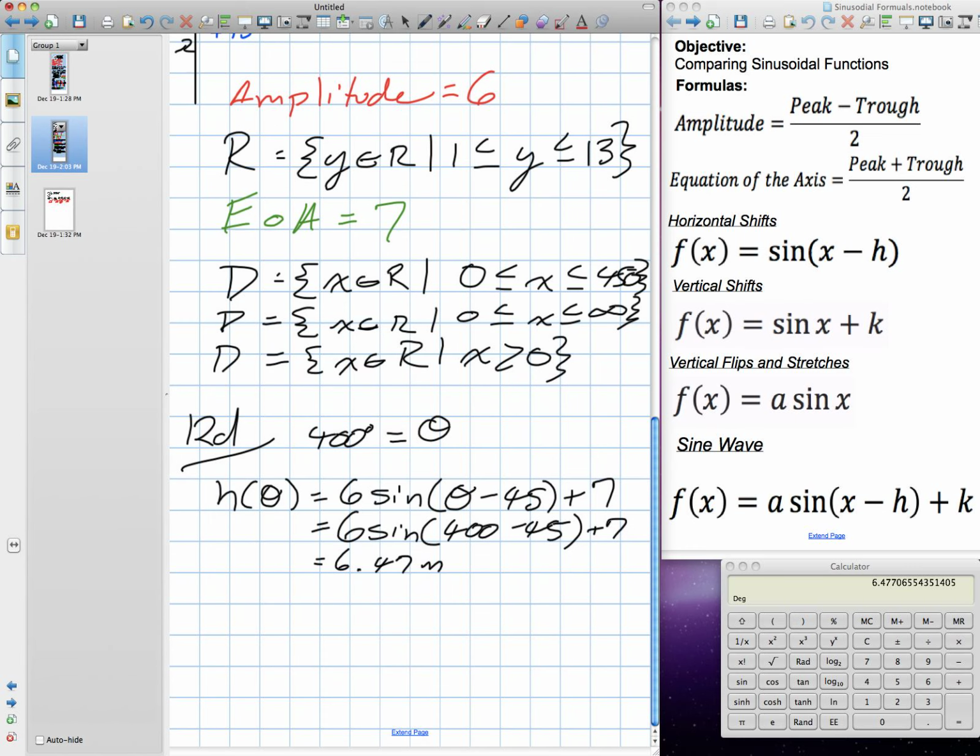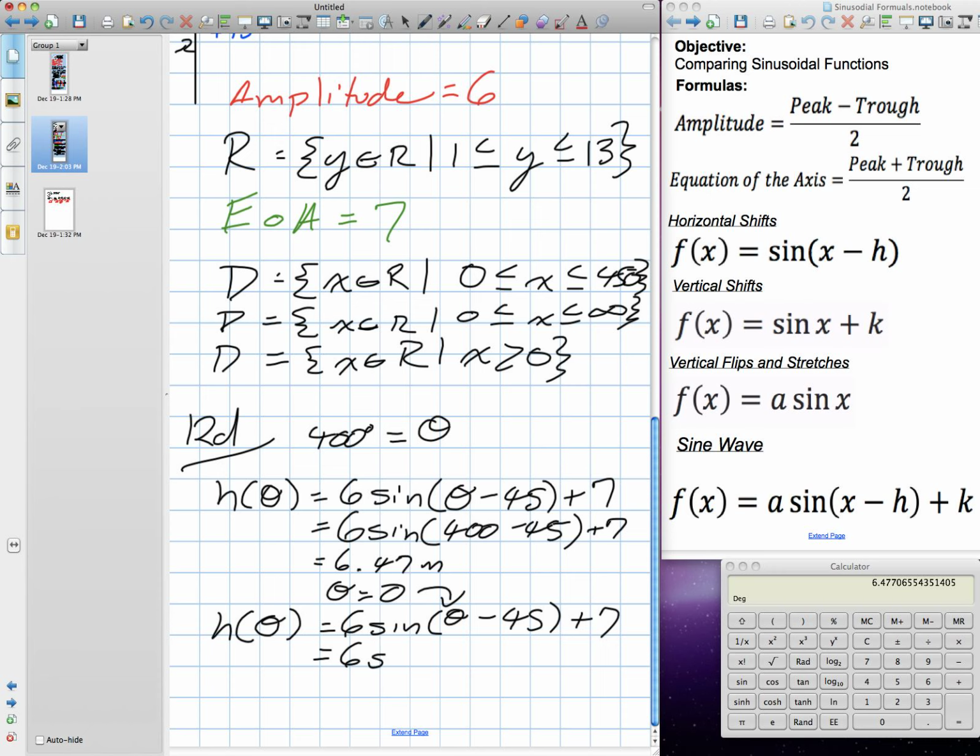I want to relate this to the beginning of the question because remember we didn't actually know exactly where it started. This will be probably one of the hardest parts. Let's say h(θ). We want to know when x is 0, okay? When it hasn't moved at all. So our theta in that case is 0. h(θ) = 6 sin(θ − 45) + 7. We're going to plug 0 in for theta.